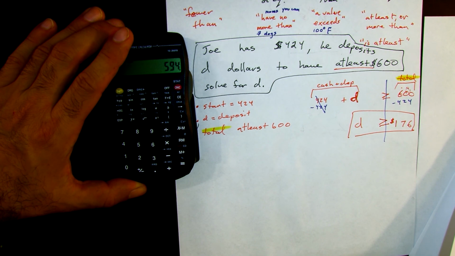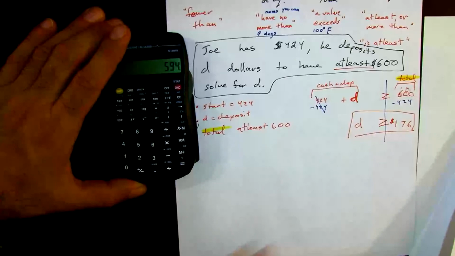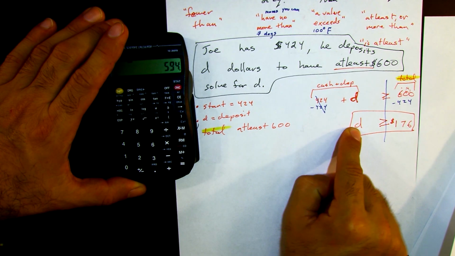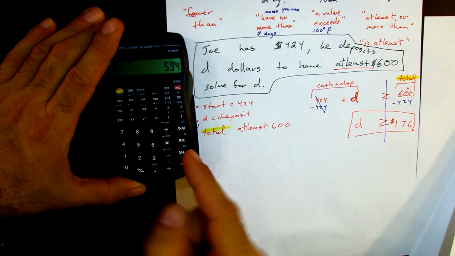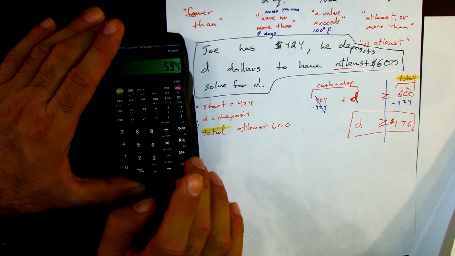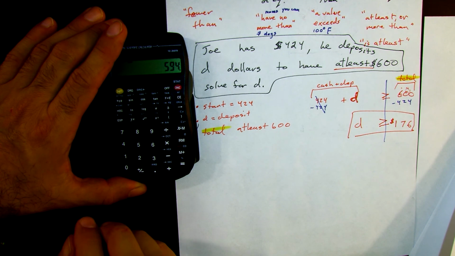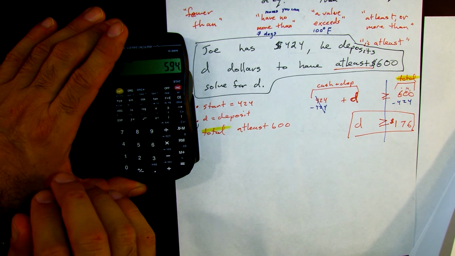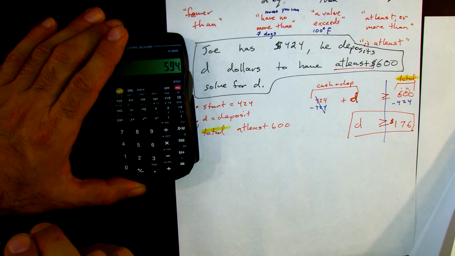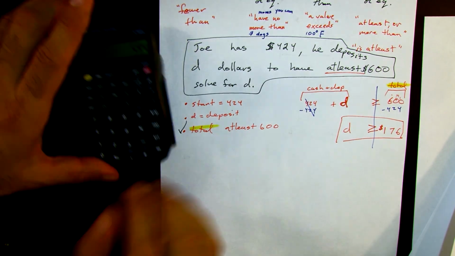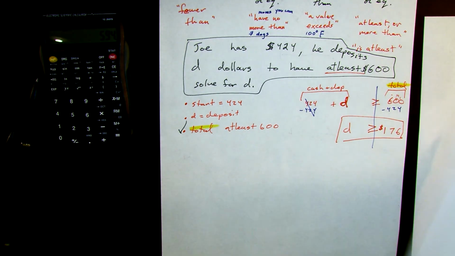Could we buy our $600 TV? No, we could not. So D, our dollars we deposit, has to be greater than or equal to 176. It couldn't be what we had before, a 170, okay? But we don't mind if it's over 176, and it could equal 176 to equal 600, okay?